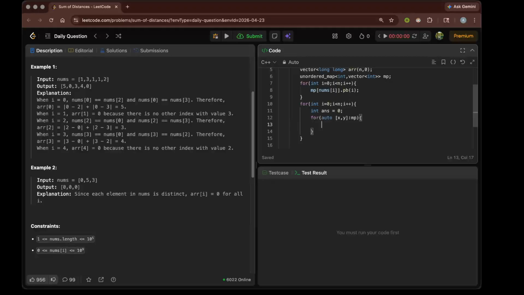Y is our second and X is the number. I don't think we require this. Rather, we should do nums of I, and we call it Y.